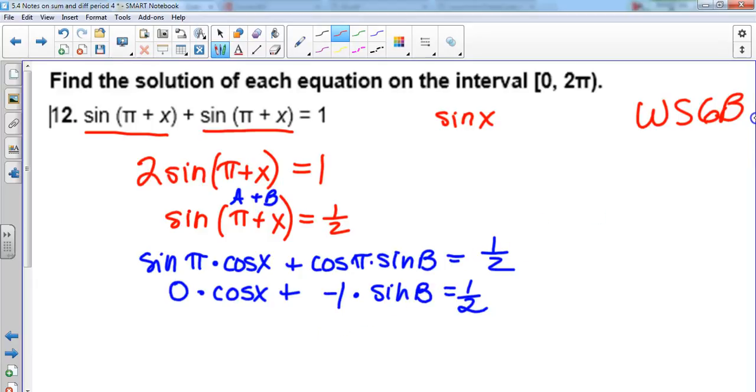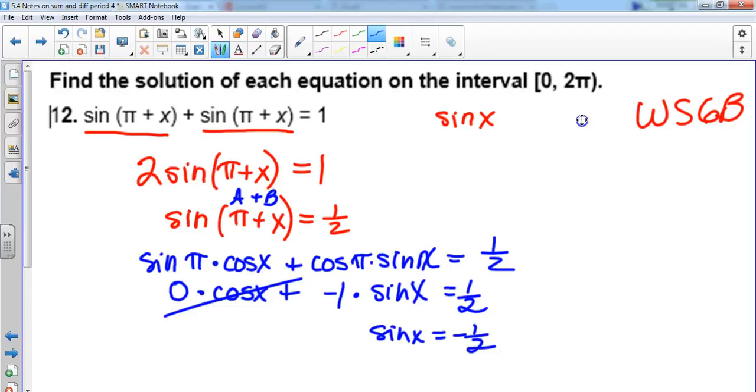That's supposed to be an x, both those places. Okay, this is 0, so we have -1 sine of x is 1/2, which means the sine of x is -1/2. Can I skip to that? Everybody okay?